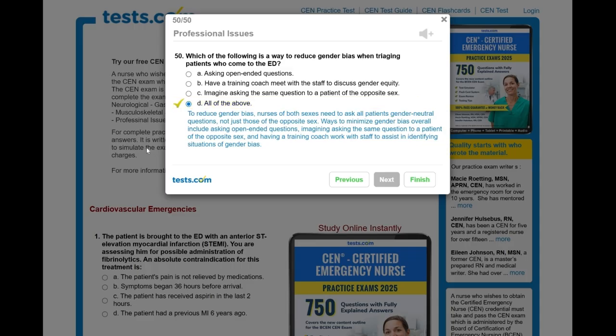To reduce gender bias, nurses of both sexes need to ask all patients gender-neutral questions, not just those of the opposite sex. Ways to minimize gender bias overall include asking open-ended questions, imagining asking the same question to a patient of the opposite sex, and having a training coach work with staff to assist in identifying situations of gender bias.